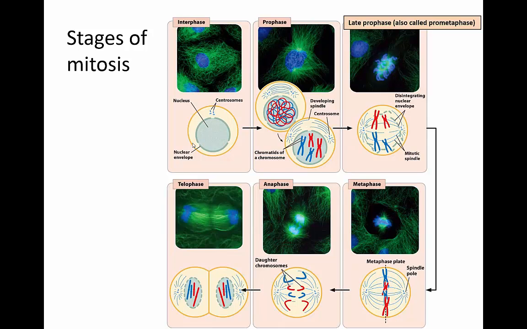Mitosis consists of 4 steps: prophase, metaphase, anaphase, and telophase. Now some sources, including your textbook, separate out another phase called prometaphase. I'm not actually interested in having you learn the details of prometaphase, so everything that happens in prometaphase in your textbook, we're going to call late prophase or just prophase.